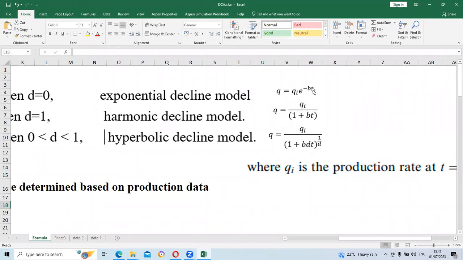So the only unknown in this equation is our decay constant, or our decay rate. That's our unknown here.